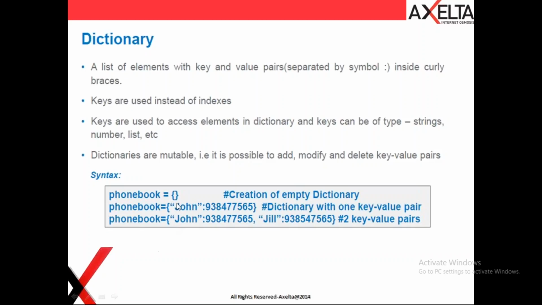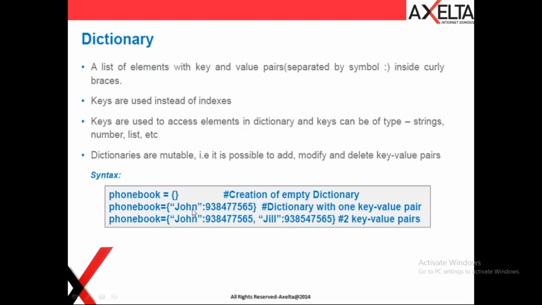So here is one sample example. Phone book is one kind of dictionary I am creating without any elements. Now here, John and some number. What is John? John is a key, and this number is the data: key and value.